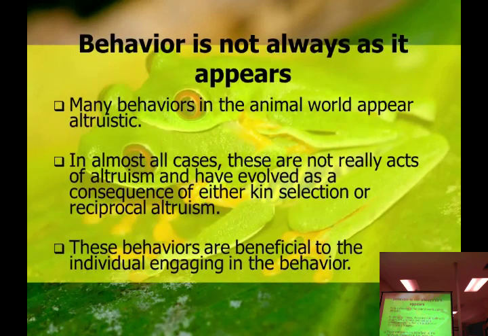So behavior is not necessarily always as it appears. Many behaviors appear to be altruistic, where they think, oh, this is helping another organism. But in almost every case, they are not acts of altruism. They are a consequence of either picking your family first or picking someone that can help you.